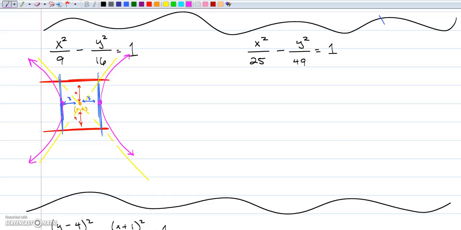Let's try this other one. Again, the center is at 0, 0. Why? Because there's nothing extra happening up here in this area. There's nothing going on inside of parentheses with an X or a Y. So I'll place that center at 0, 0.